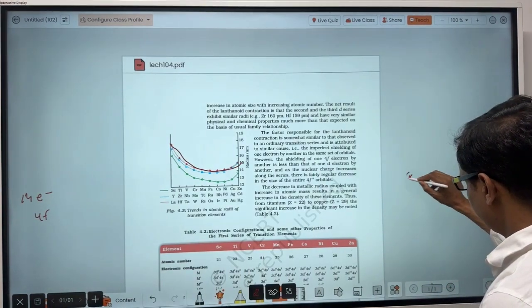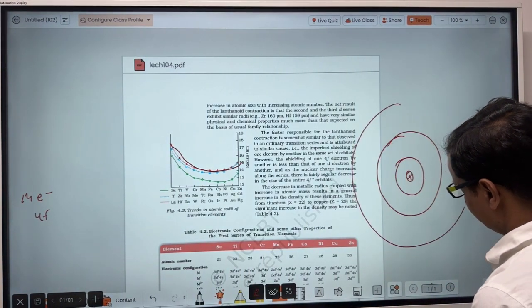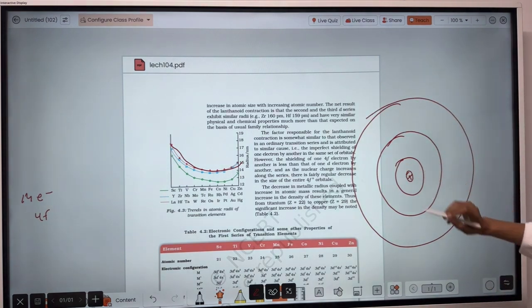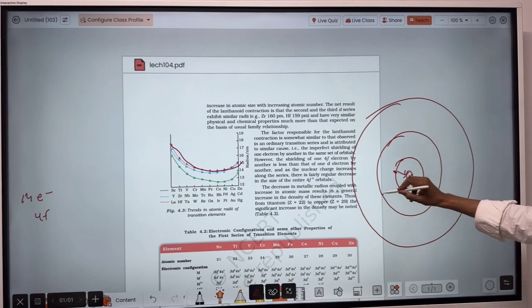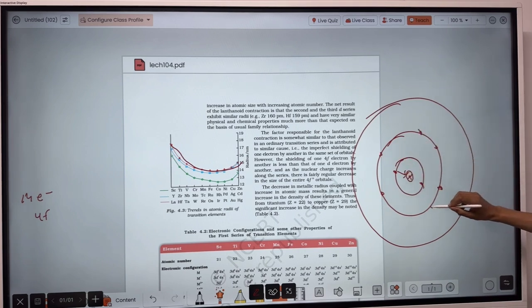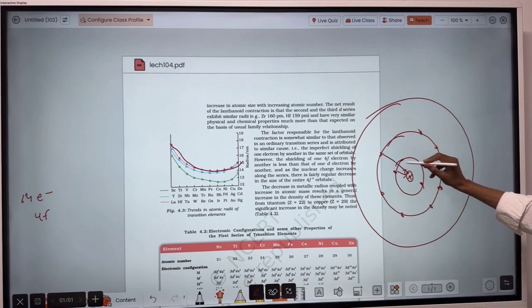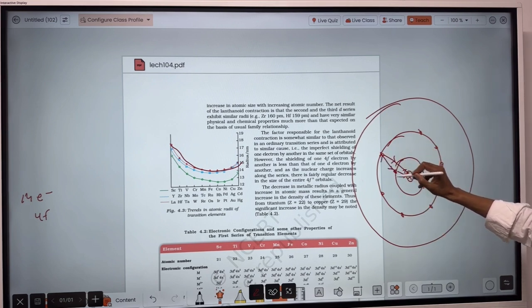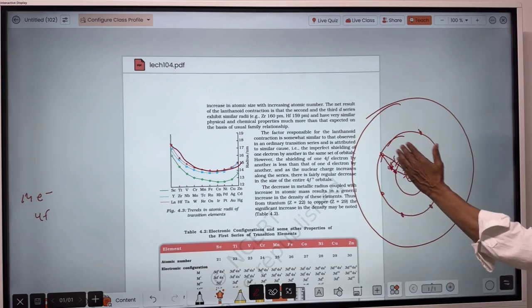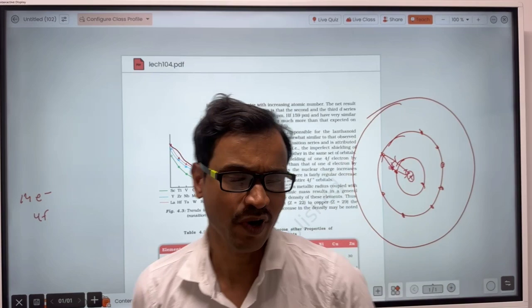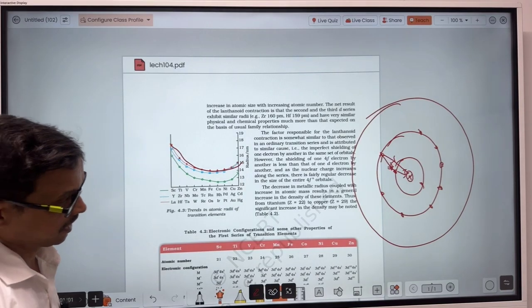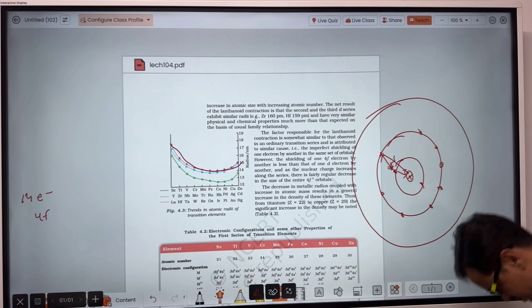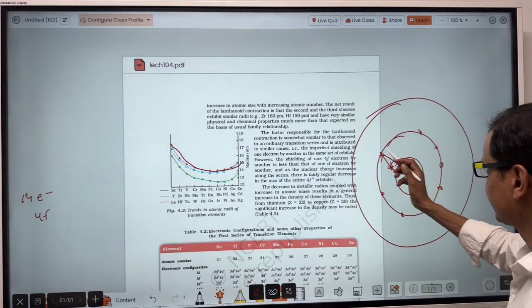When we write the electronic configuration shell-wise, this is the nucleus, this the first shell, second shell, third shell. The nucleus attracts the electron of the first shell. The nucleus also attracts the electron present in the second shell. But the inner electron also repels this outer electron. So the attractive force will not be as much, because the nucleus attracts the electron, but the inner electron repels the outer electron.